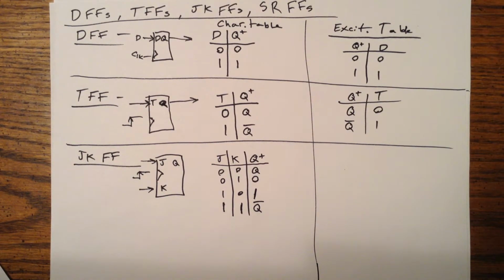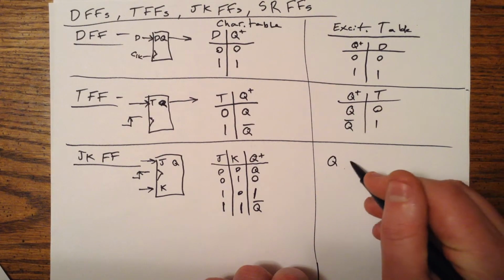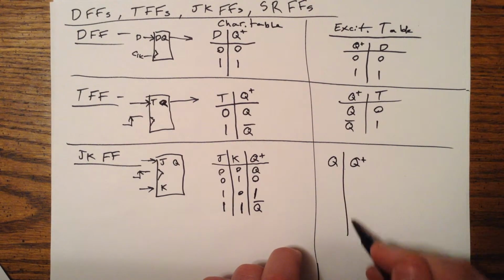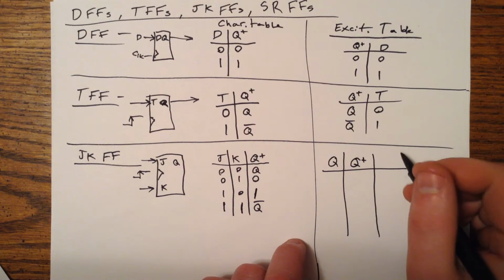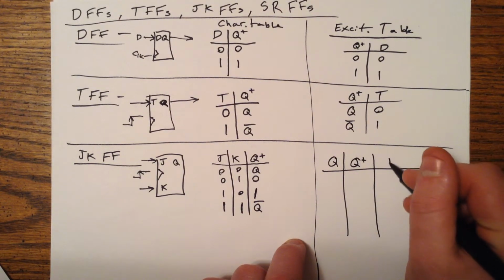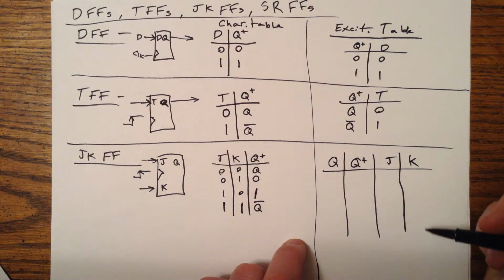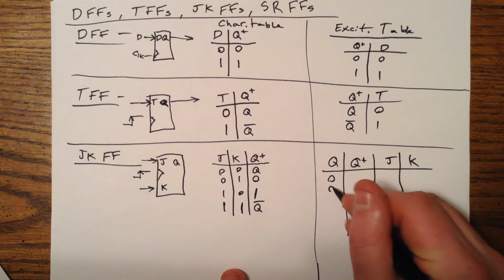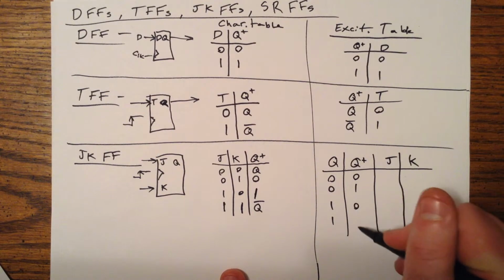So let's go ahead and look at the excitation table, and we'll do 2 columns here. If we know Q and Q plus, then given that, we know what our inputs had to be, J and K. Let's set this up like a normal truth table: 0, 0, 1, 1, 0, 1, 0, 1.